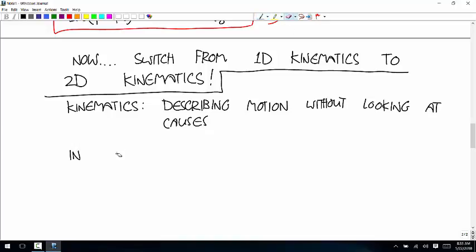In 1D, at any instant, the particle has two choices of a direction to move.